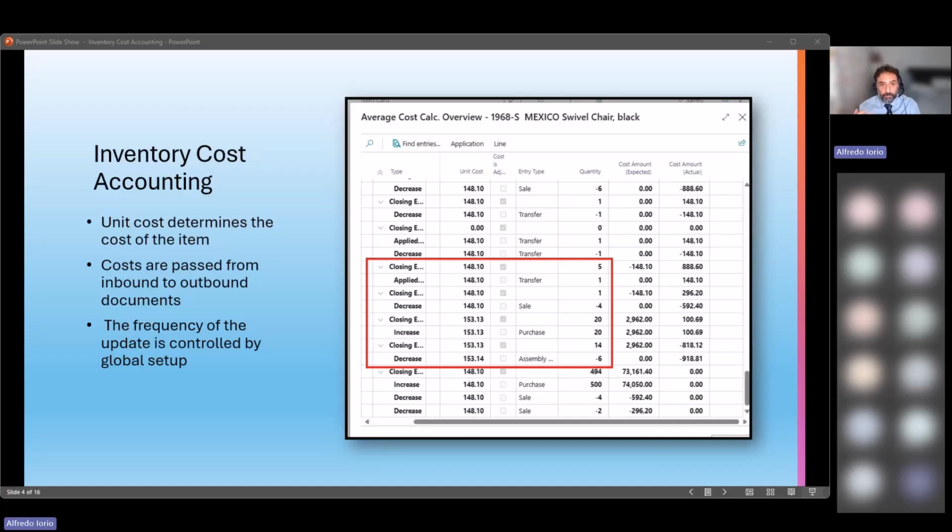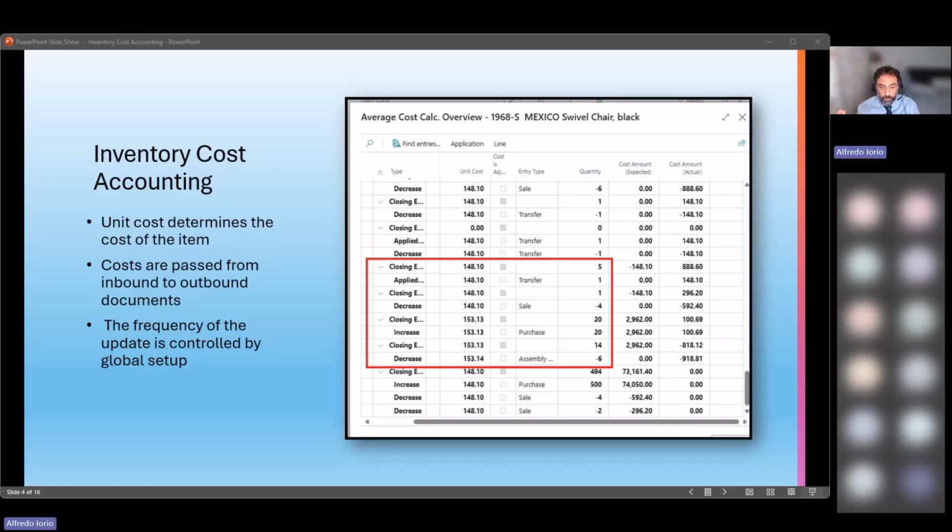Business Central is now a lot more powerful than what it used to be. And of course, compared to Nav, it is incredibly more powerful and a lot faster. Therefore, disabling the automatic update of inventory cost might not be necessary anymore.